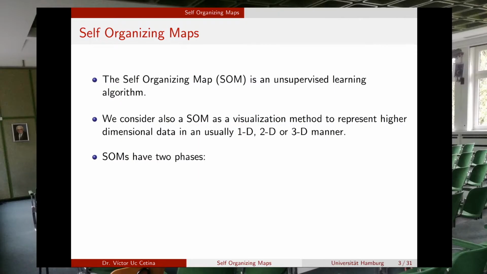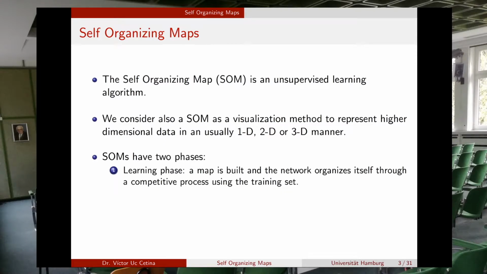So we usually have 2 phases in the training of these algorithms. In the first phase, the learning phase, we construct or build a map, and the network organizes itself through some steps that we're going to see, which is considered a competitive process.